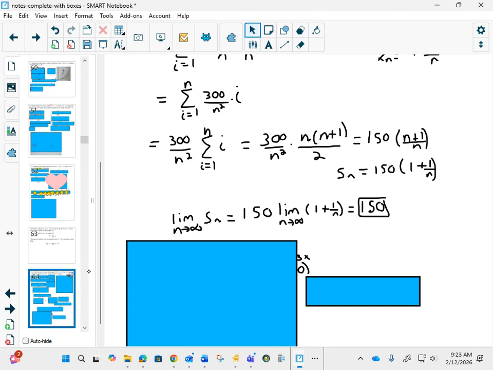So as n goes to infinity, that 150 can be pulled out. We are now taking this limit of 1 plus 1 over n. And do you see that the 1 over n when n goes to infinity would be 0? And this just becomes 1 plus 0, I haven't done limits for a while, eh? And we get 150.